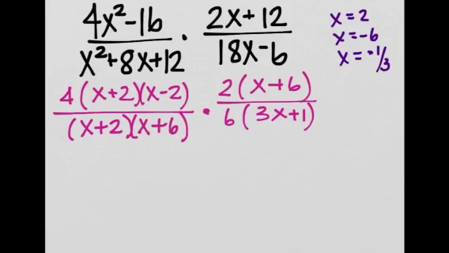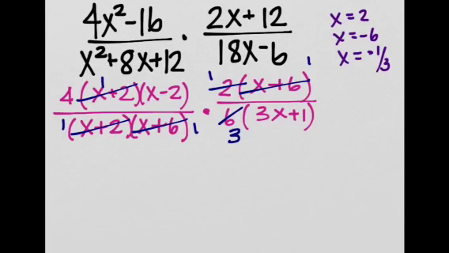And now I'm just going to cancel. So I have an x plus 2 and an x plus 2. Those cancel. And I have an x plus 6 and an x plus 6. And then I have a 2 and a 6. So the 6 becomes a 3. So 2 into 6 is 3. So now I'm just going to multiply across.